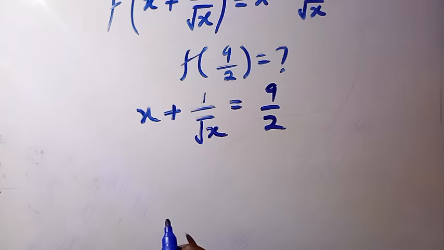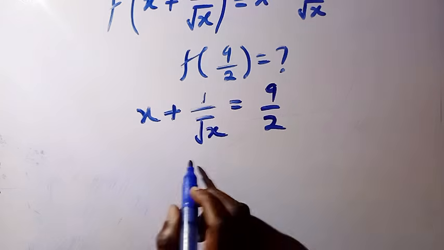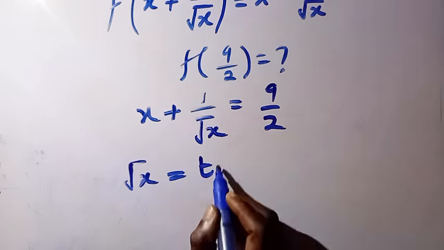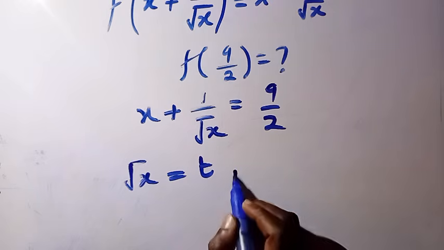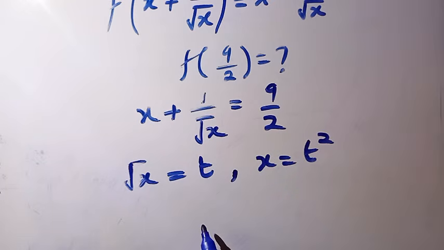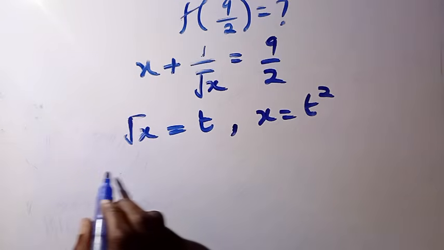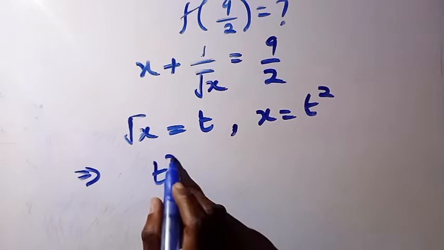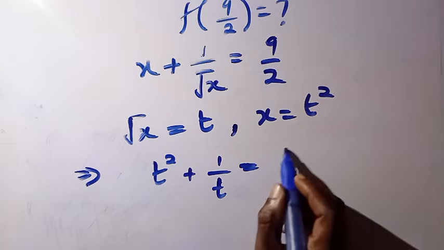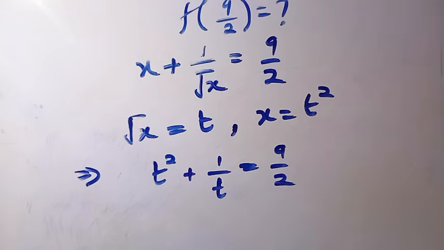Before solving, suppose I let root x equal t. Then this shows that x equals t squared. So if x equals t squared, we take back the substitution. Therefore we have t squared plus 1 divided by t equals 9 over 2.